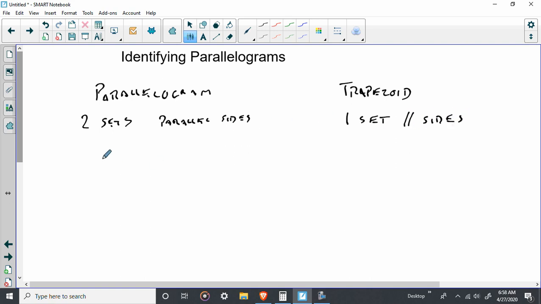A parallelogram has diagonals that bisect each other, okay. An isosceles trapezoid has diagonals that are congruent.